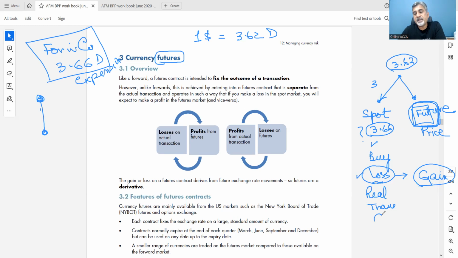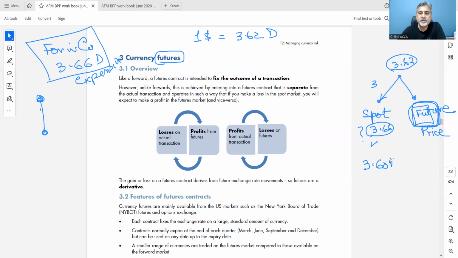Or if I make a gain on the actual dollar purchase, for example, when 3 months pass, you go and find that in the market the dollar has depreciated and now I need only 3.60 dirhams to get $1. Oh, that is good news. I will go to the market.